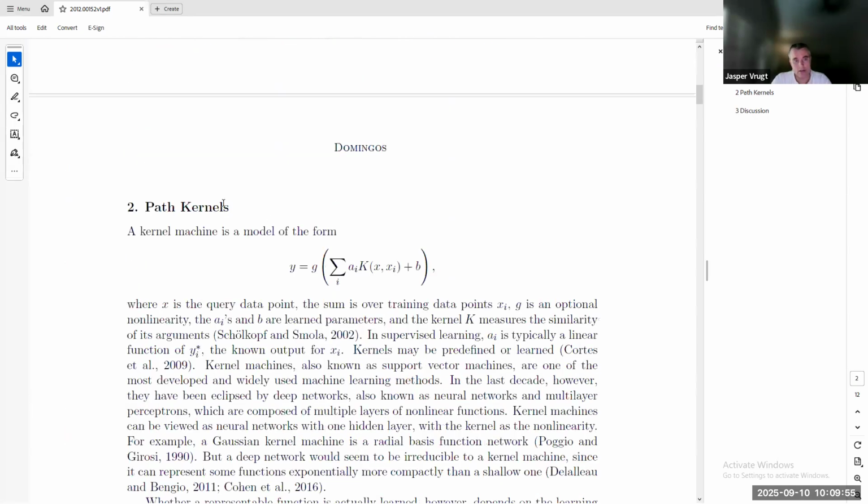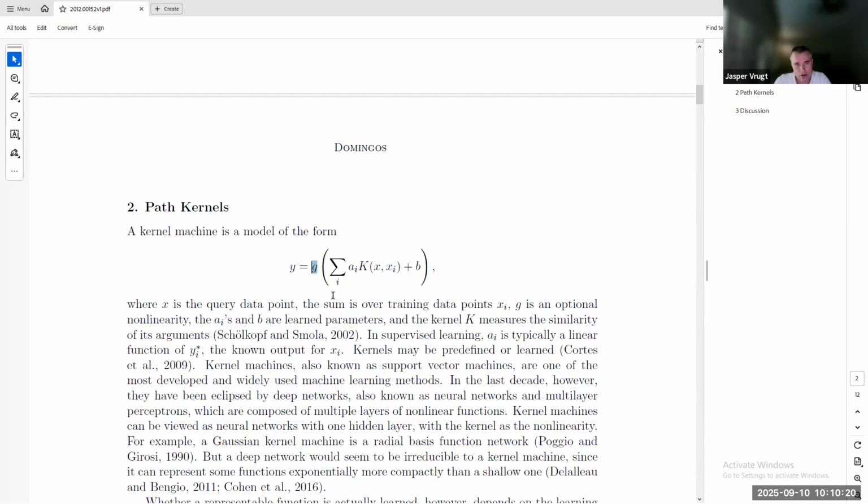So there is the kernel machine. This is the general formulation. Y is some variable. G is a nonlinearity, what they call. And here we have a summation where K is your kernel. Suppose I have X and I have Xi, so I have training data points Xi.